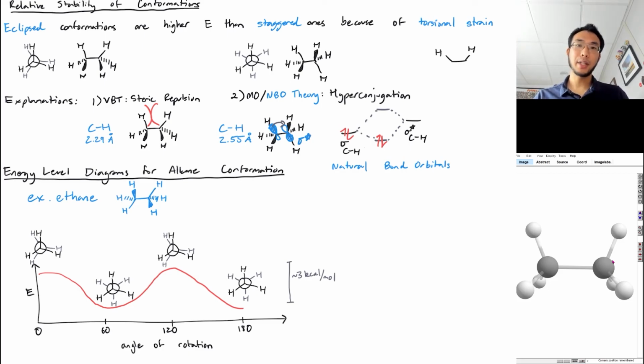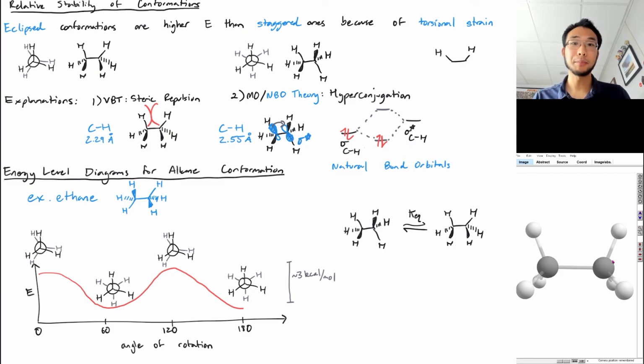So going back to that energy difference of 3 kilocalories per mole, what use is that number? Well, it's useful because we can use that number to get information about what the equilibrium distribution of conformations is. If we treat this as our free energy difference, so there's a difference of 3 kilocalories per mole between those two conformations, we can plug that into a friendly equation here to get an equilibrium constant for the reaction right here.